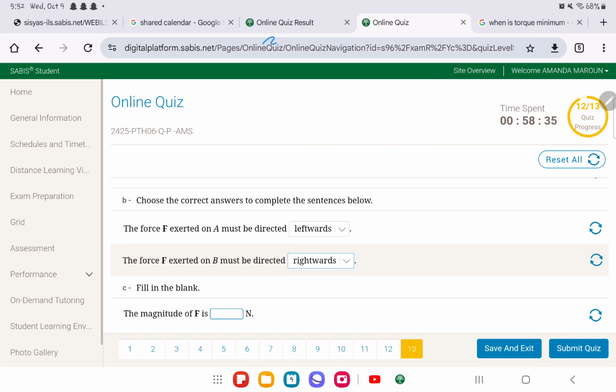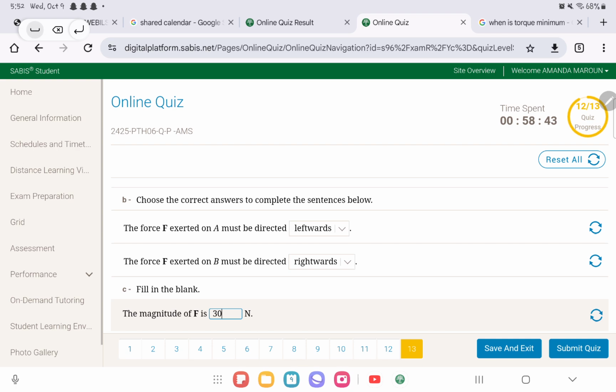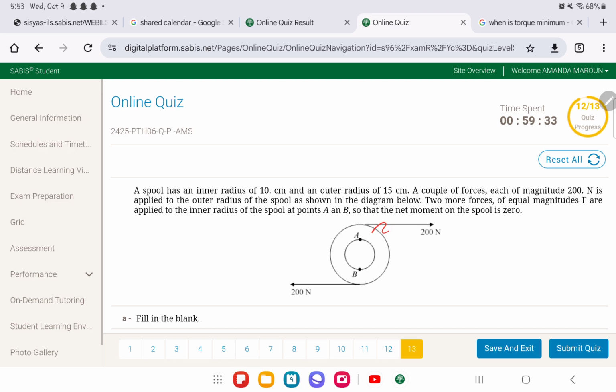But they asked us for what? The magnitude. So we got negative 300 Newton. We're not gonna put the negative, we're only gonna put 300 Newton, because this is our force. Now that we have our values, I will explain to you why A has to go to the left and B has to go to the right.